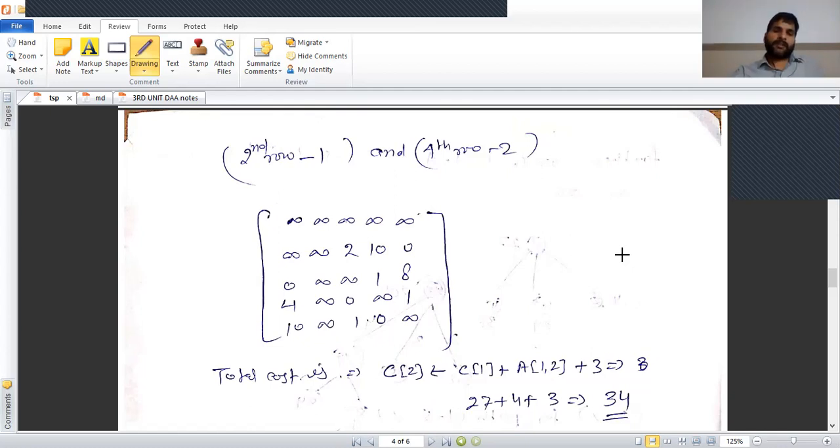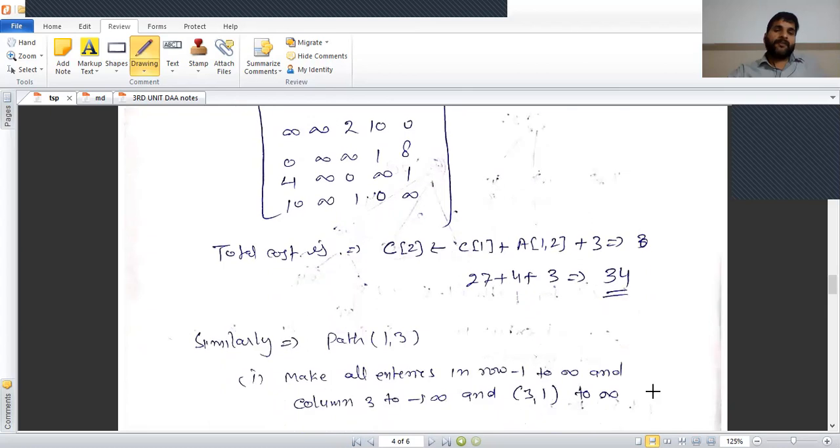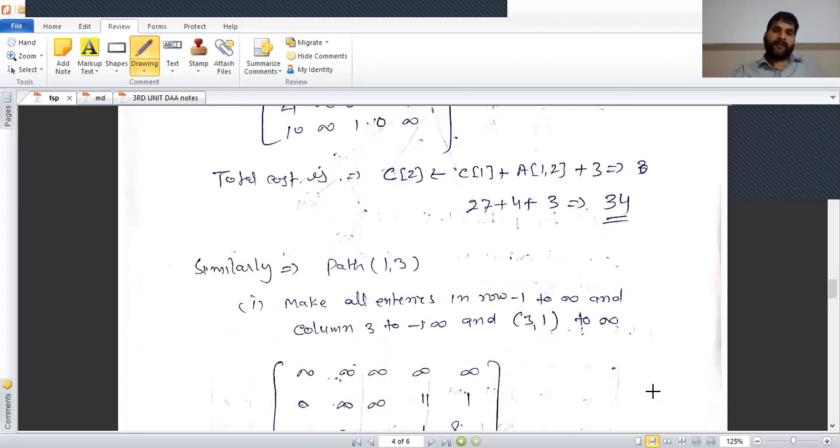So the total cost of traveling 1 to 2 equals 34. Similarly, we can solve the paths from 1 to 3, 1 to 4, and 1 to 5.